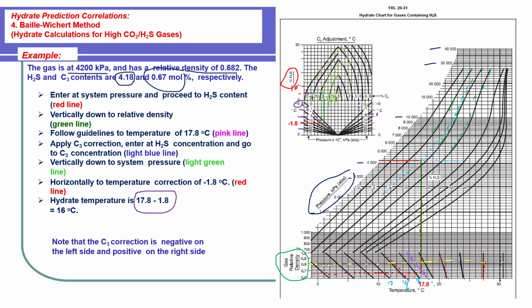So please make sure you understand how we draw, or how we take the values, or how we approximate or predict the value for the hydrate formation temperature using this technique. It's very important for you to understand how to obtain these values, and the step-by-step technique is listed here.